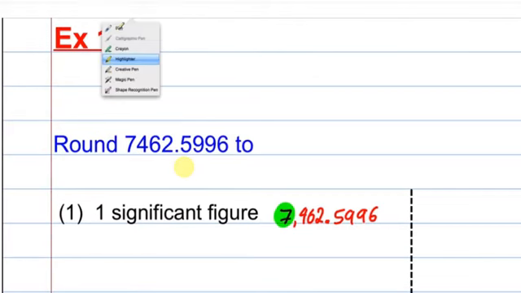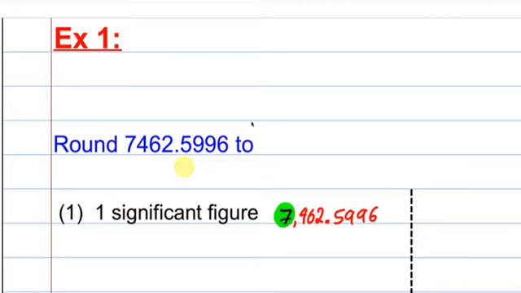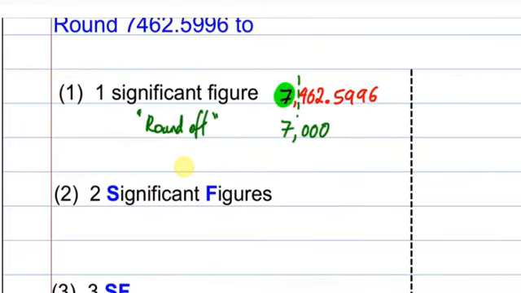We should approximate it at 7. The next number after 7 is 4. That is not yet 5. So we will round the number off to 7,000.